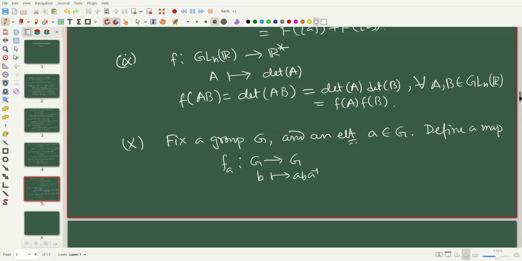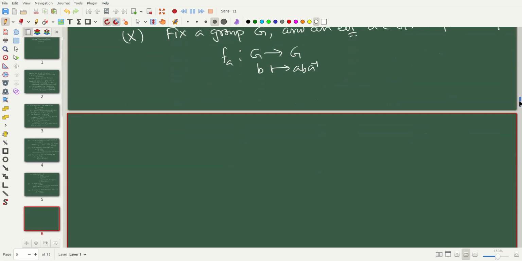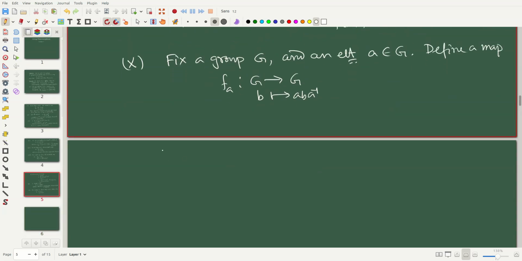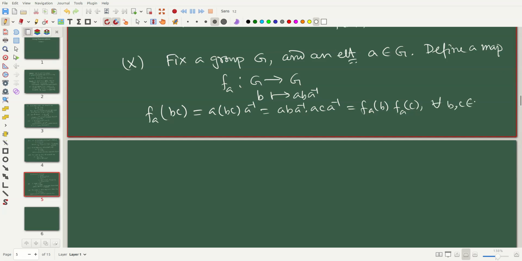Note that this is a group homomorphism because f_a of bc is equal to a bc a inverse, which is equal to a b a inverse times a c a inverse, which is equal to f_a(b) f_a(c) for b, c in G. So this is also a group homomorphism.